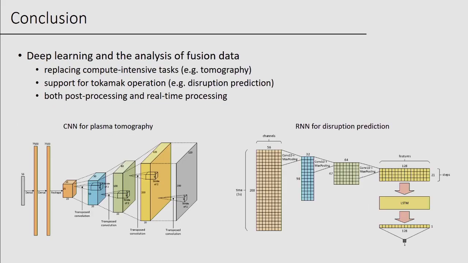Conclusion slide. You have seen the applications of neural networks to nuclear fusion, to the analysis of fusion data. We have seen that both convolutional neural networks and recurrent neural networks are useful for several different tasks. You have seen that we can use some of these in post-processing if we want to reconstruct the experiment and analyze it.